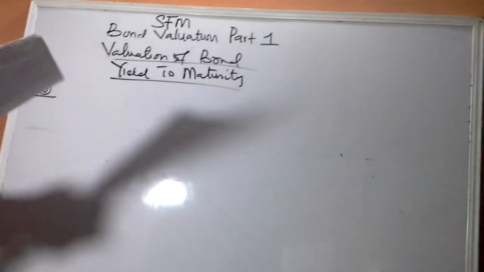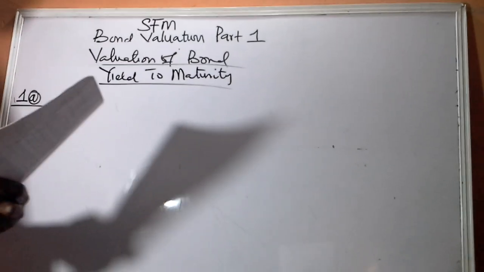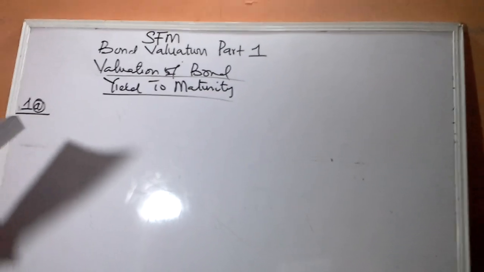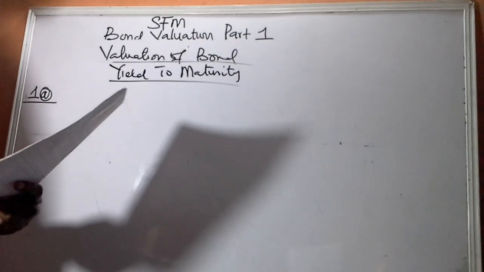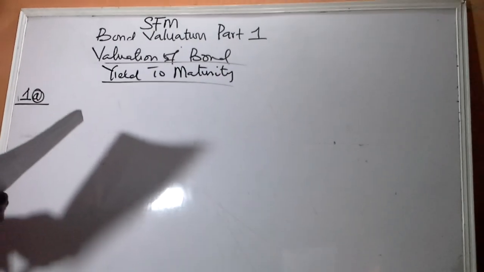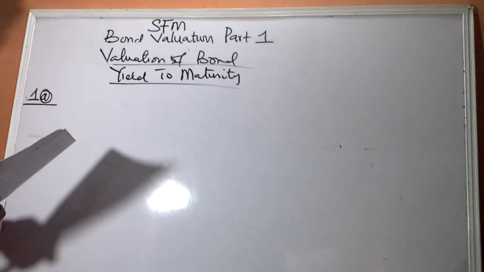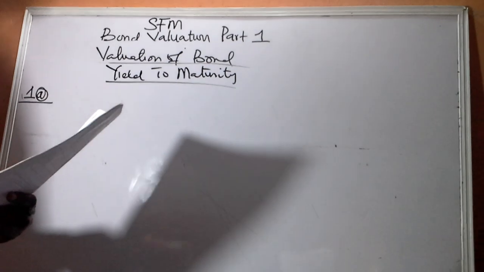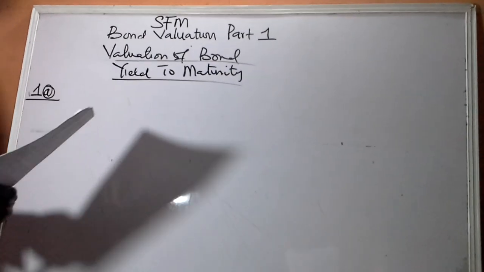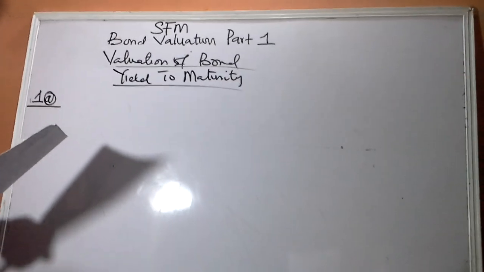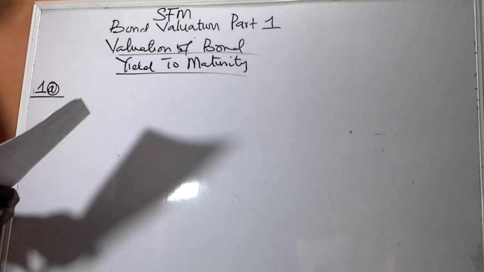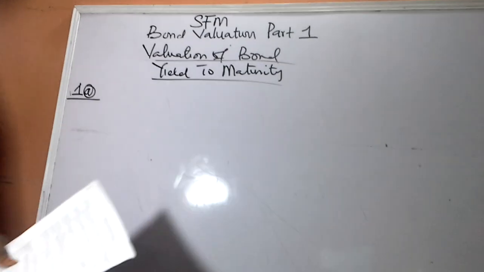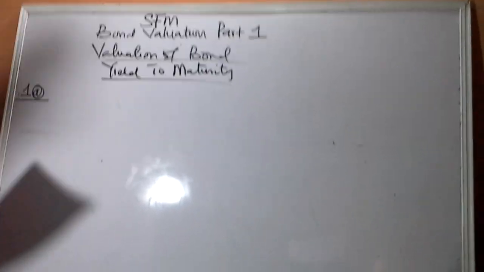1A says, how much would an investor pay to purchase a bond today, which is redeemable in 4 years' time at par value of 100 naira, and pays an annual coupon of 10% on the par value? The required rate of return or yield for a bond in this kind of risk is 4%. Obviously, this is a dated or redeemable bond.